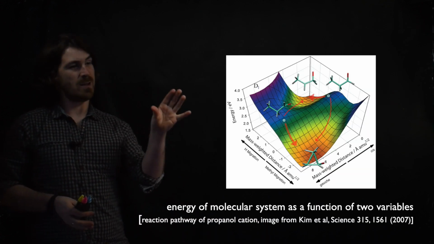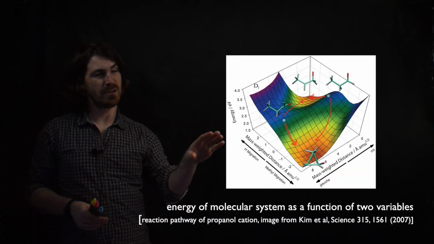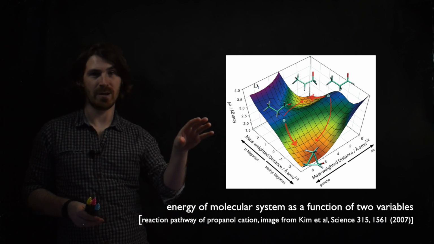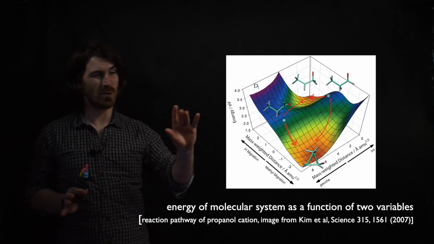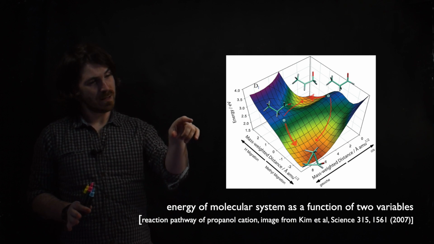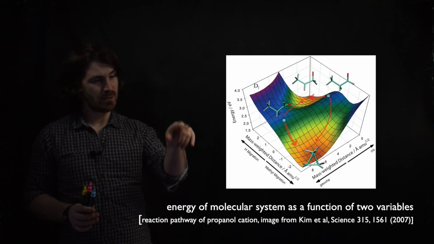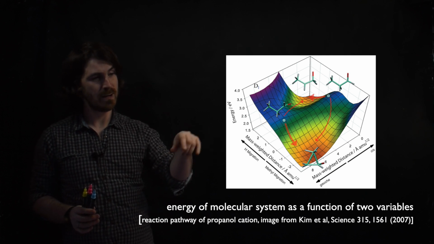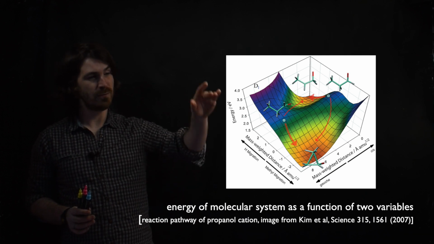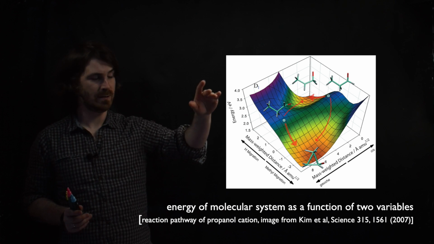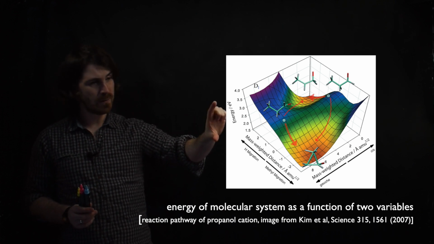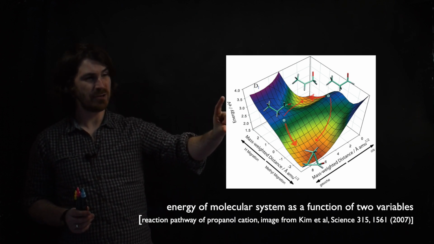Okay, so here is an image of the energy surface in a molecular reaction. Don't worry about the details, but basically there are two variables that you can change, the x and the y, and this gives a different function, that is this surface. And the height is the energy.